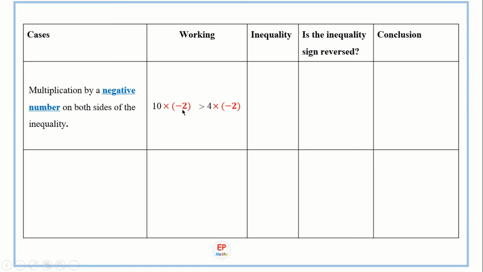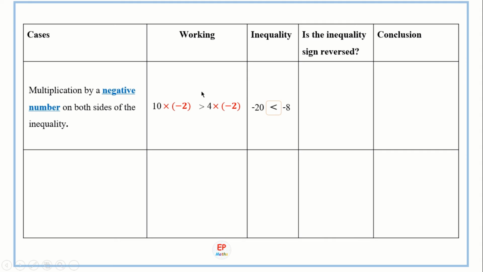Now, 10 times negative 2 will give us negative 20, and 4 times negative 2 will give us negative 8. So we have negative 20 and negative 8. So, of course, we know that negative 20 is less than negative 8.